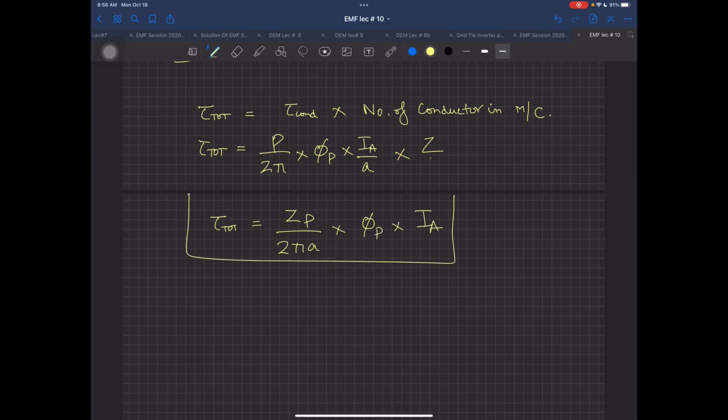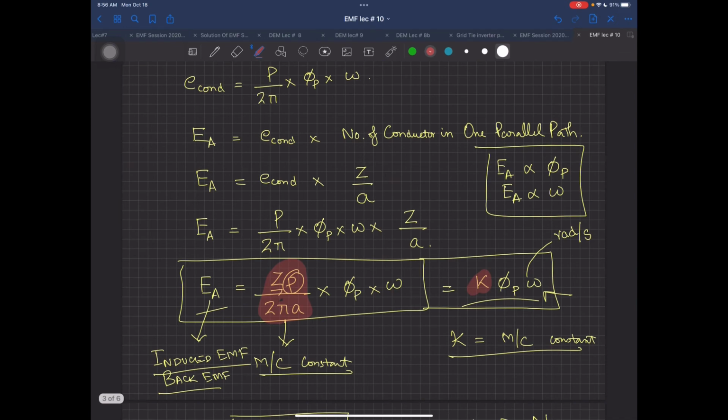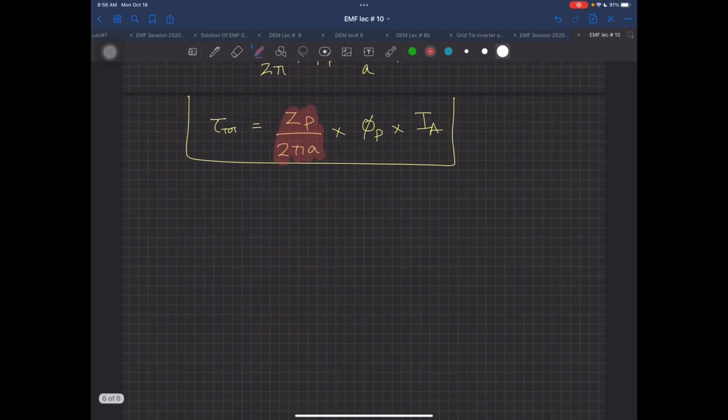So I have this relation now, and if you look closely, this is again the same machine constant you found previously. In the previous relation, ZP divided by 2 pi A we called K. So similarly now I have total torque equal to K phi P into IA.